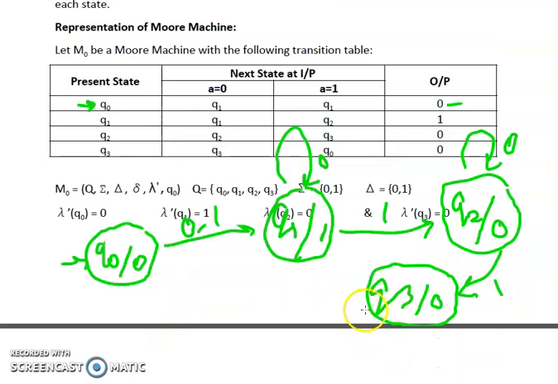That means there is a loop on state Q3 for the input symbol 0. Now when we are on state Q3 and reading the input symbol 1, we are moving to state Q0.